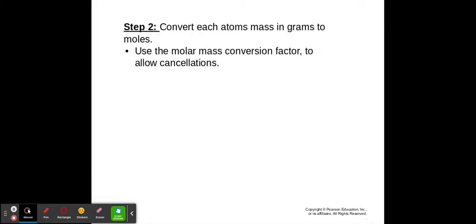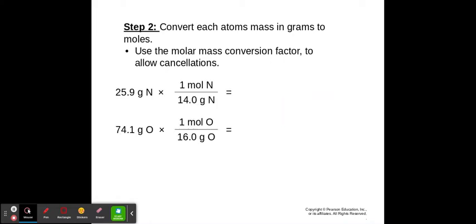Okay, so step 2, convert each atom's mass in grams to moles. Okay, so we set each one up like this. Here's the conversion factor we're going to use. Now, the molar mass for nitrogen goes here. We simply put the number that's associated on the periodic table for the mass of nitrogen, which is 14, there. Okay, and we put 16, which is found off the periodic table, here for oxygen.